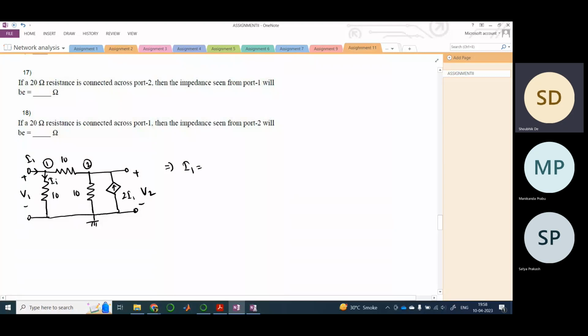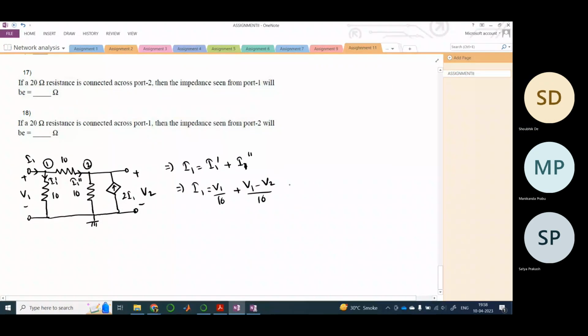Let us say this is I1 dash and this is I1 double dash. So I1 equals I1 dash plus I1 double dash, and I1 dash is V1 by 10, right, because this is grounded, and I1 double dash is V1 minus V2 by 10, right?